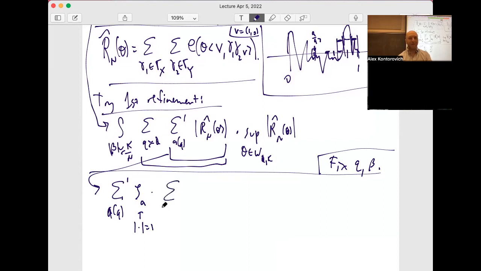So I have a sum over gamma 1 in a ball of size X, a sum over gamma 2 in a ball of size Y. Hopefully you're okay with this notation. Saves me a little bit of writing. E to the 2 pi i. There aren't absolute values on this Rn hat theta. There are, and what I'm doing is I'm capturing those; that absolute value depends only on A once I fix Q and beta.